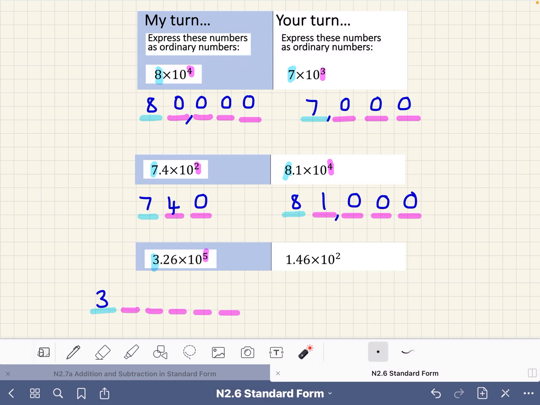The 2 and the 6 take up 2 of those spaces, with the remainder filled with zeros. That means that 3.26 multiplied by 10 to the 5 is the same as 326,000. Press pause while you try the your turn question.